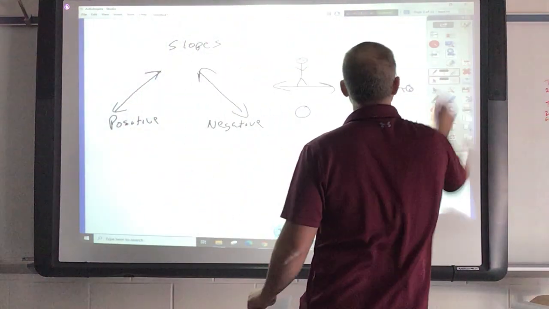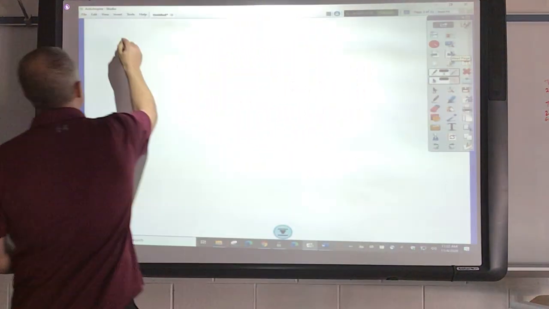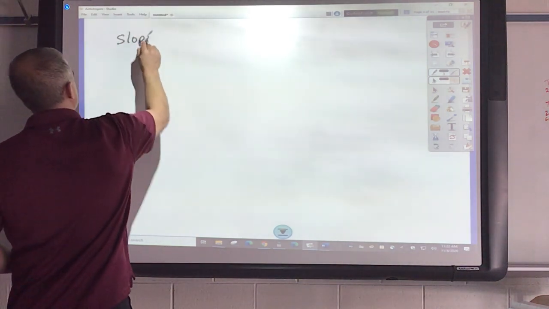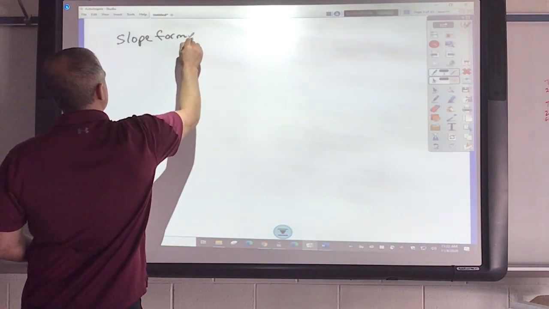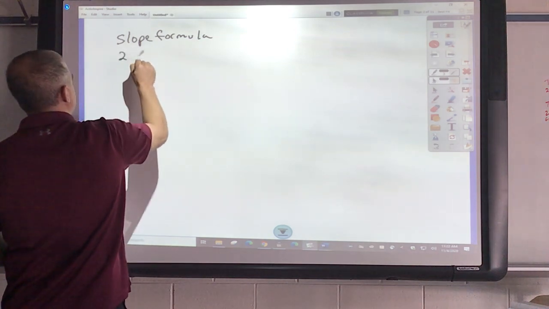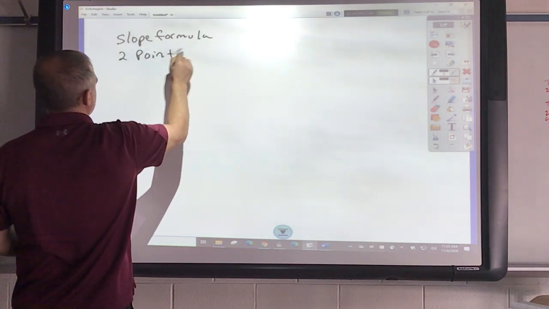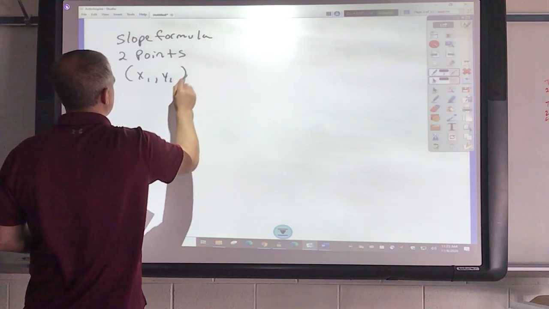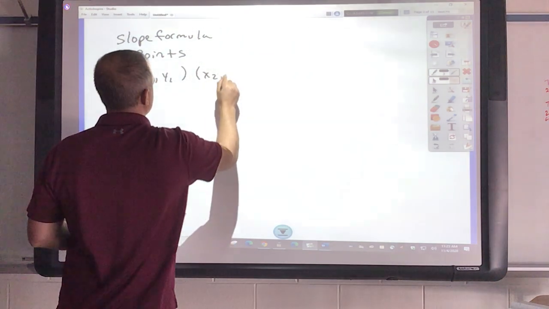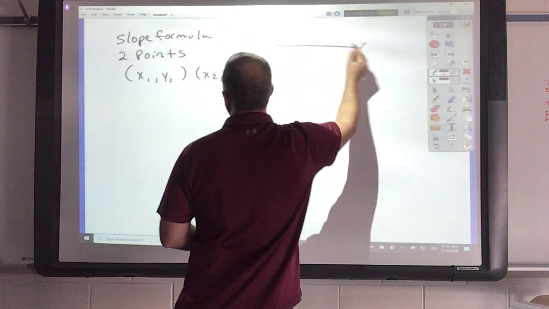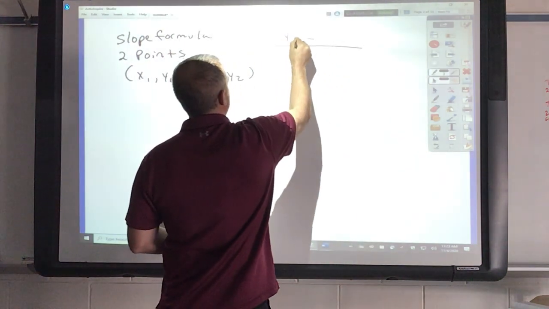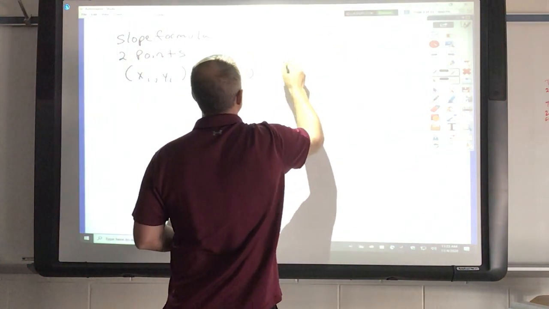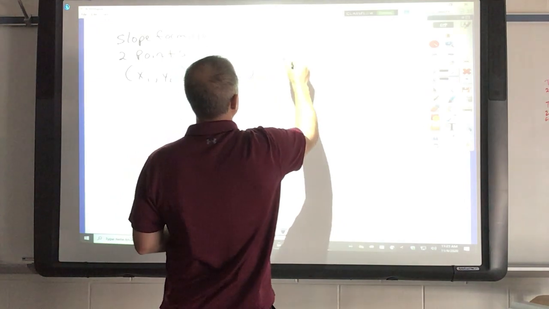Now, there is a slope formula that, if you have 2 points, says y2 minus y1 over x2 minus x1.